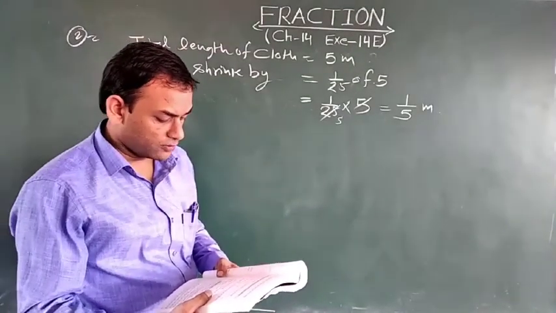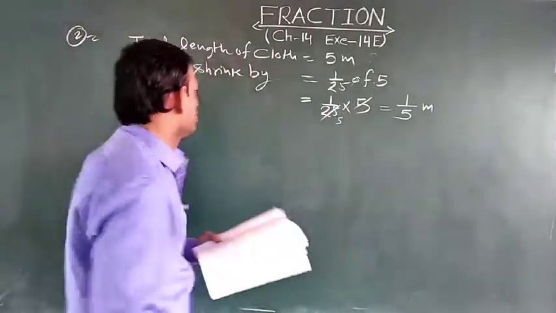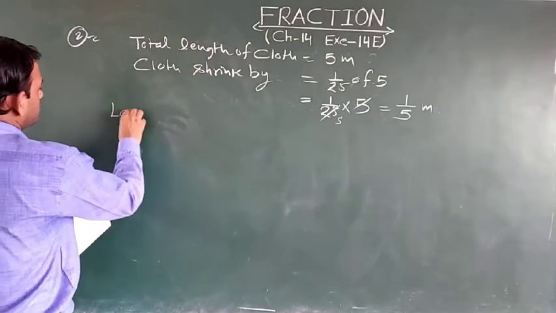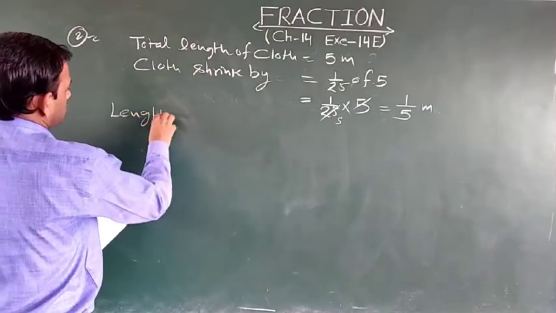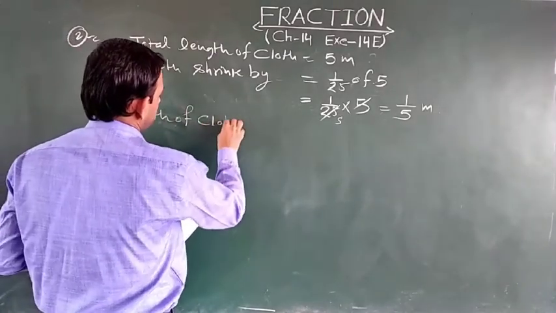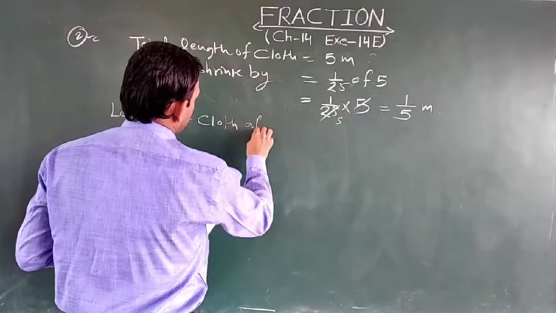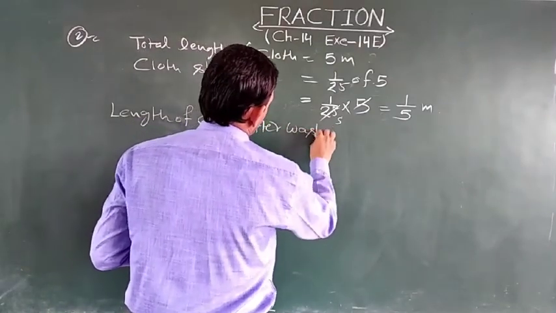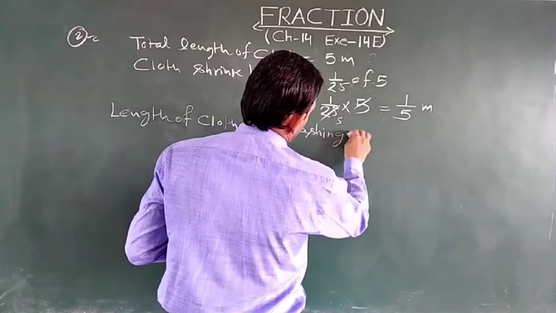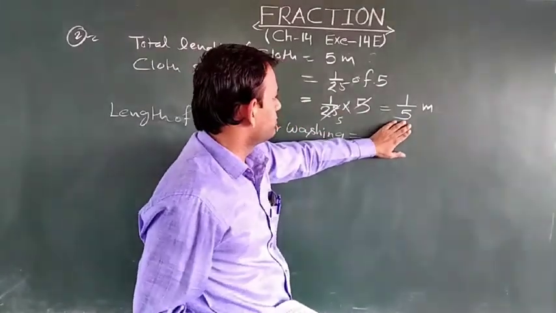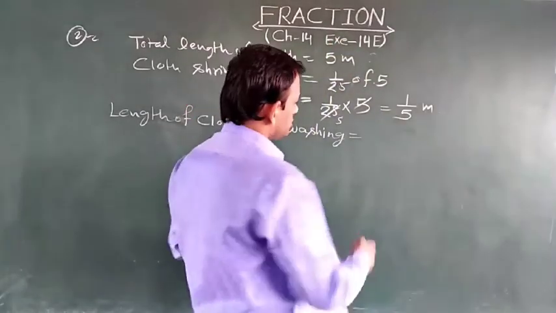What is the length of the cloth after washing? So the length of cloth after washing is equal to, we will just subtract this value from the total length of the cloth.